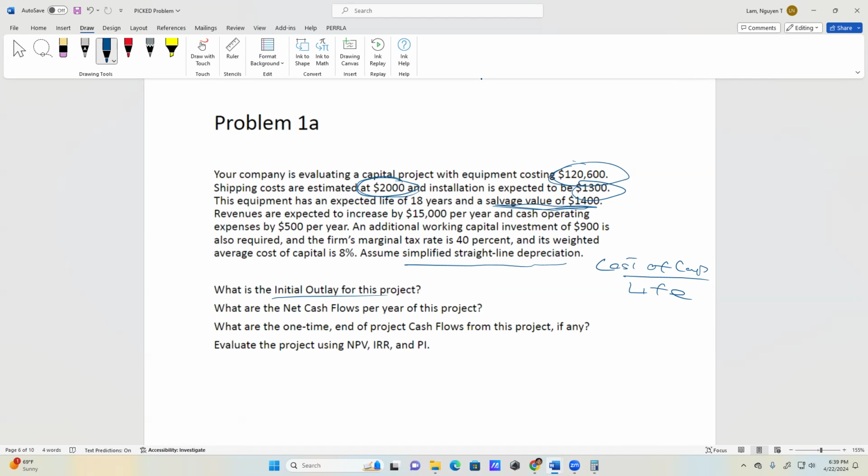So for the initial outlay, it doesn't give you, well, let's say working capital, so that has to be on there. It doesn't have a salvage value of the old asset. So it just means this cost plus this cost plus the net working capital, and it doesn't have the salvage of the old asset or the book value of the old asset, right? So this should be the initial outlay.